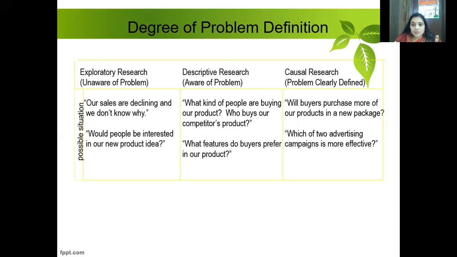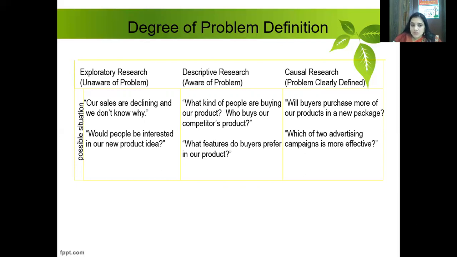Some people are not buying your product, but you need to know what kind of people they are, so that you can help increase sales to some extent. Or what features do buyers prefer in our product? What are the features most preferred by the buyers, so that you can maintain them for further good sales.